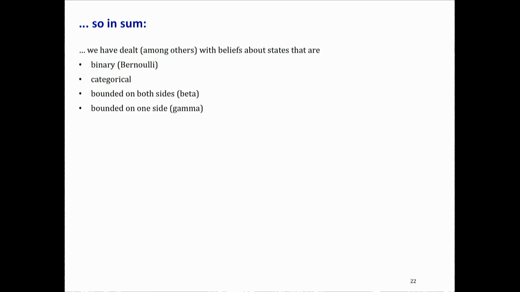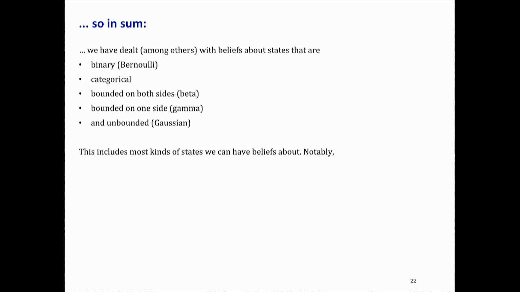Bounded on one side gives us a gamma model, and unbounded, Gaussian. And this covers a lot. Probably most states of the world that you might want to perform inference on belong to one of these categories.